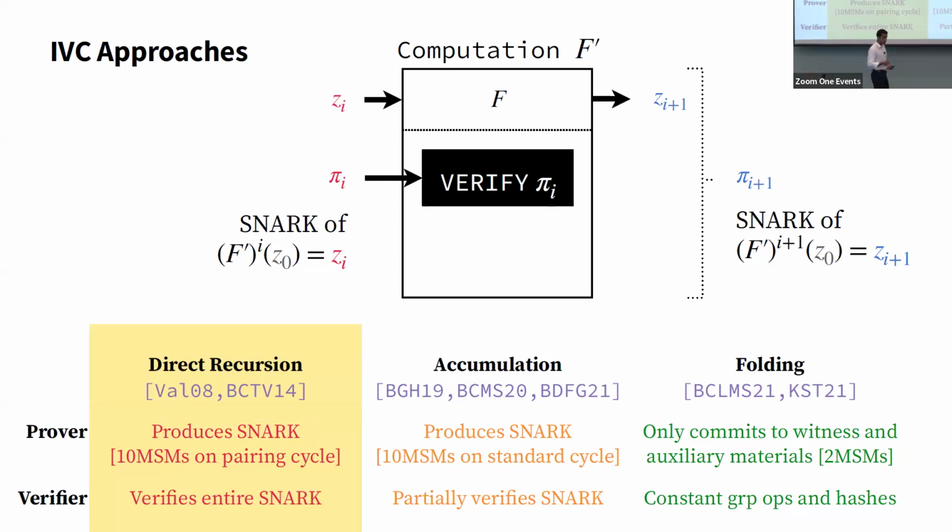Okay, so while this approach is incredibly elegant in theory, as Ben-Sasson and others showed in 2014, unfortunately it turns out that proving and verifying an entire SNARK per step of recursion is concretely expensive. And really, this boils down to the fact that the best-known SNARKs use pairings, which in this particular case would blow up the recursion overhead. In this particular case, the recursion overhead is all the additional gates you need to represent a computation f prime on top of the original function f.